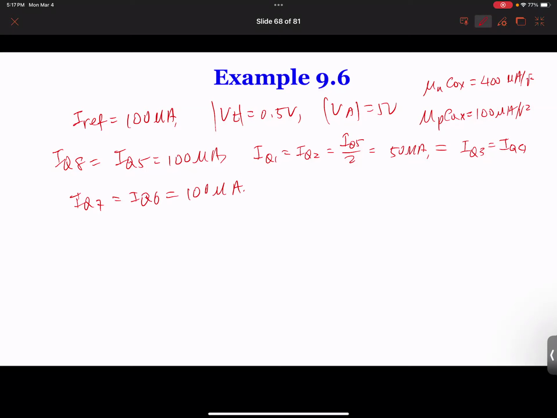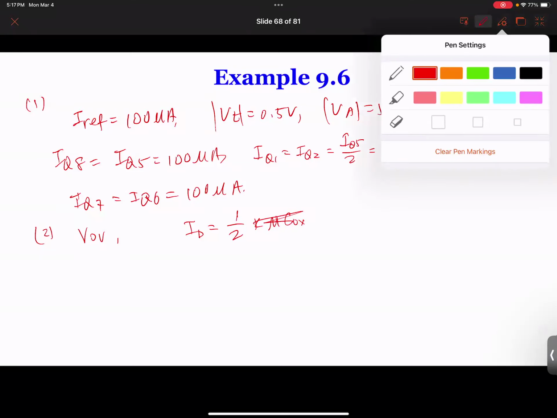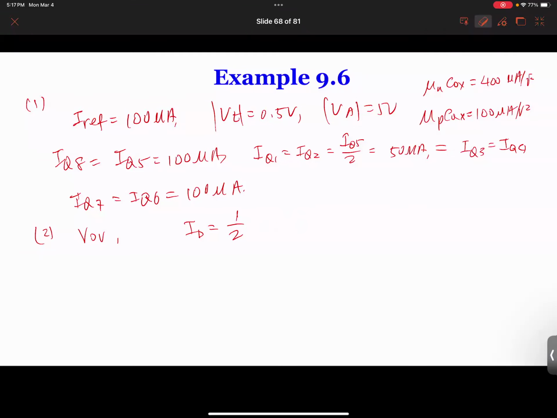So the next step is asking you to calculate. So that's number one, we got that current. And number two, they ask you to calculate VOV. Now remember, how do we calculate VOV? We have ID equal to 1/2 mu COX times W over L times VGS minus VT squared.